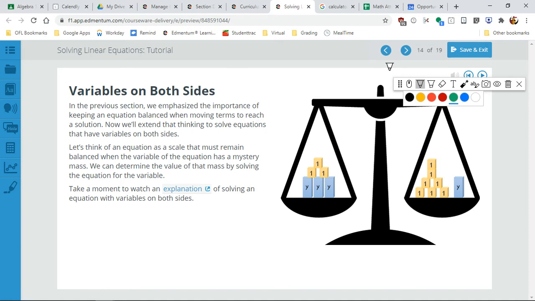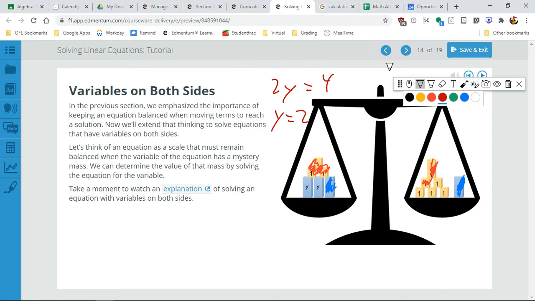So what this tells me is that if we cancel out one of these y's, and we cancel out 3 of these 1s on both sides, this tells me that 2 of the y's equals 4 of these ones, which will eventually tell me that every y represents 2 ones.